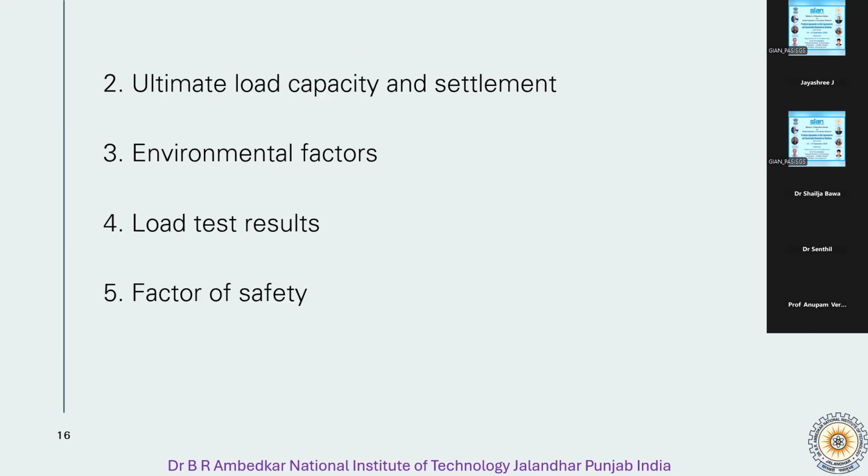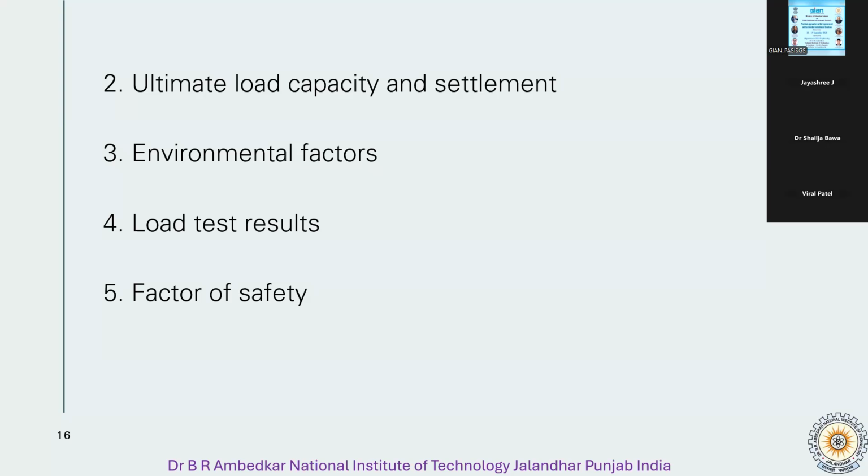The second thing is the ultimate load capacity and the settlement. We have to approximately estimate the ultimate load carrying capacity on the basis of the soil investigation data or by the test loading. Preferably we determine it by an initial load test on a test column installed especially for the purpose of calculating the ultimate load.